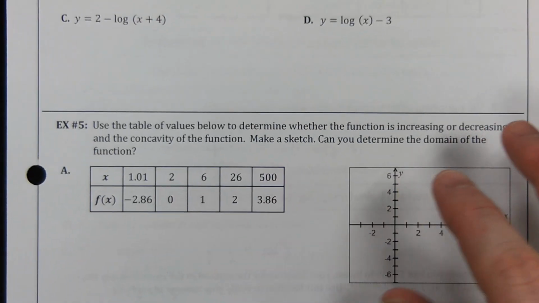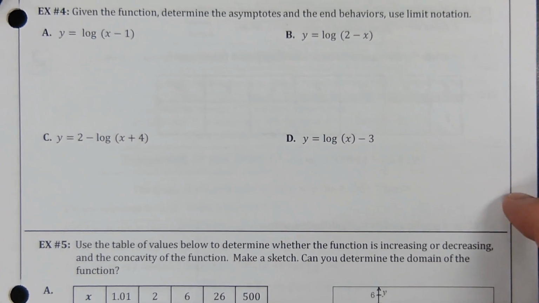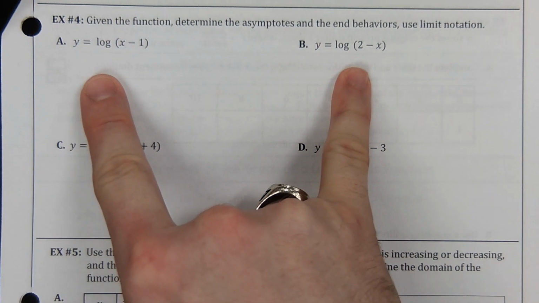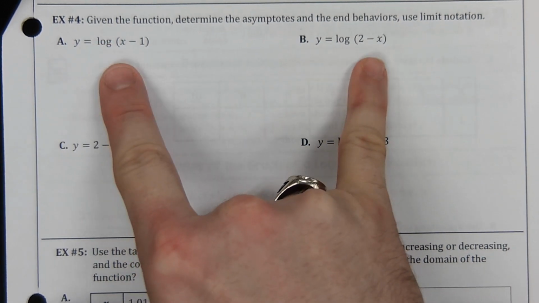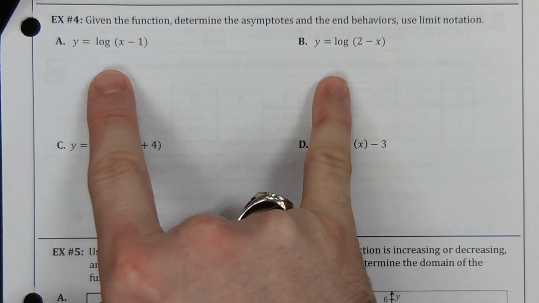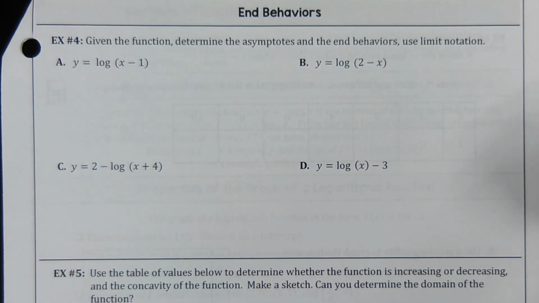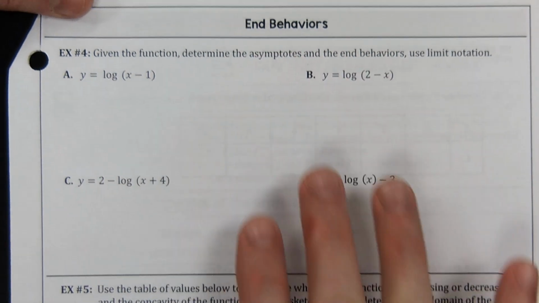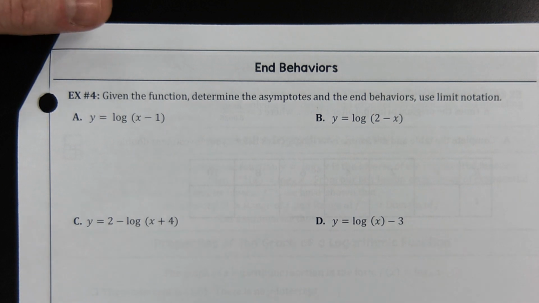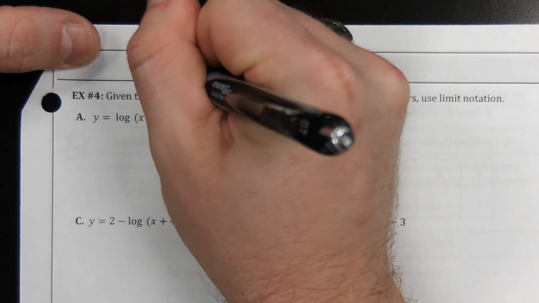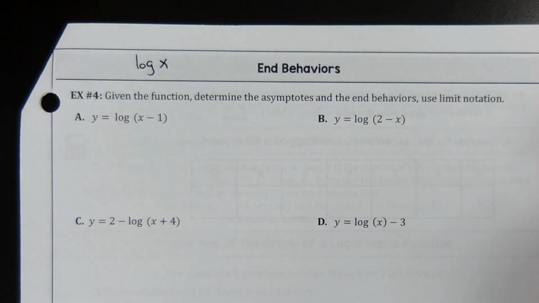All right, so the last bit that I did with period 2 was these 2 questions, and I called it a day there, so I'll do the same with you. It says, determine the asymptotes and the end behaviors, and we'll use limit notation. The way that I tackle these things is I try to decide which 2 directions it points. First, I notice every one of these is the common log, and the common log has a base that is larger than 1 because it's base 10.